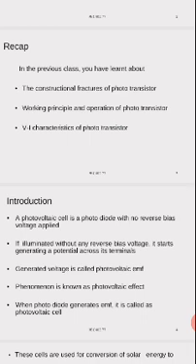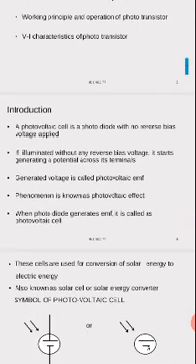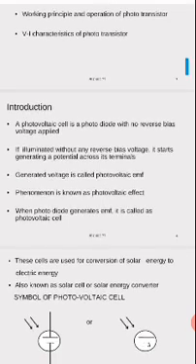These cells are used for conversion of solar energy to electric energy. Also known as solar cell or solar energy converter.